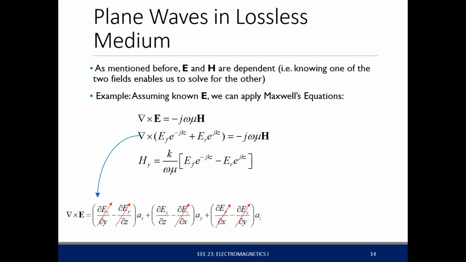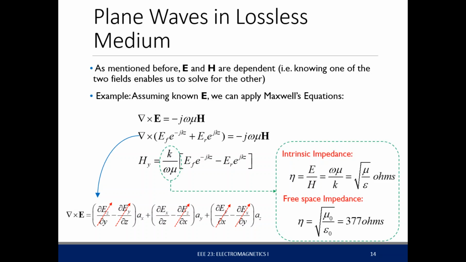Okay, so this is how we solve for the curl. It will only be left with z. Okay, and it results in this expression of your magnetic field, and this k over omega mu right there is what we call the intrinsic impedance.